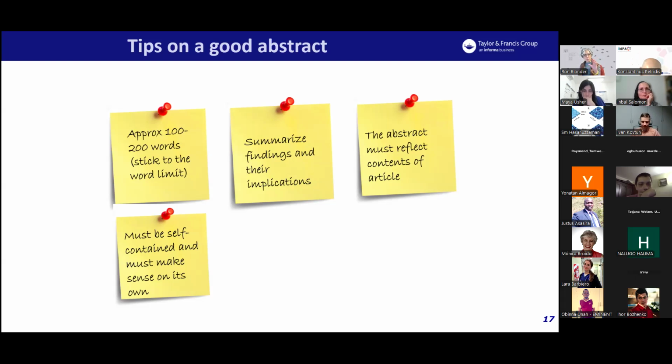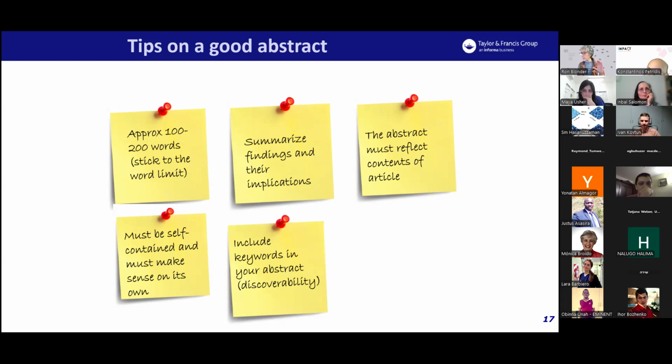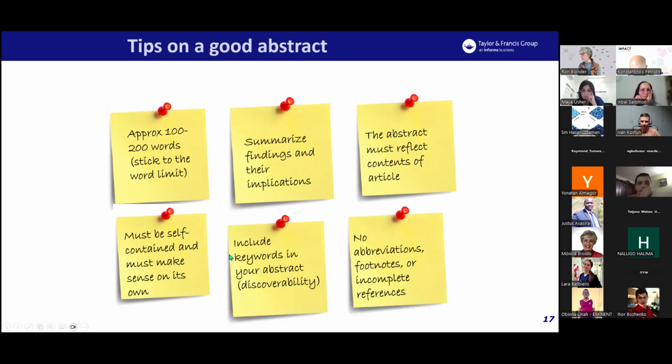So the abstract should stand alone and explain the research and the paper. In the journal, you can include, I think, 3 or 4 keywords, but the search agents also go through the abstracts. So use keywords in the abstracts, because then you increase the visibility and discoverability of your research. And don't use abbreviations or footnotes or references, because this is not the place to do it.